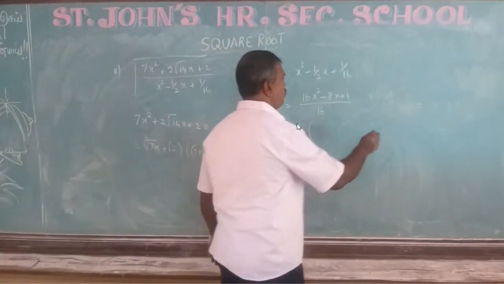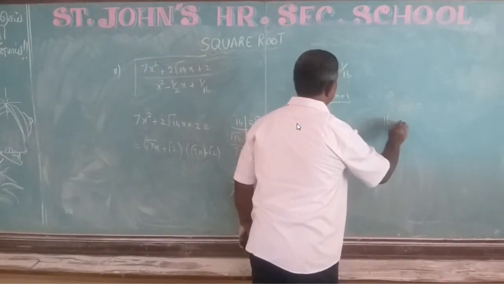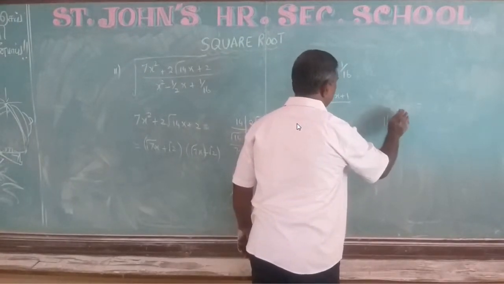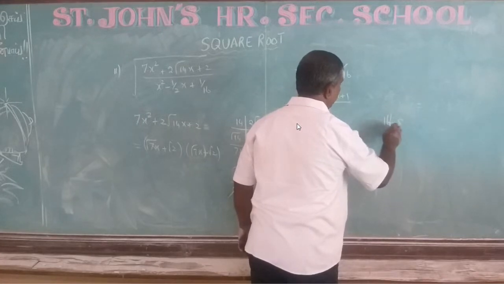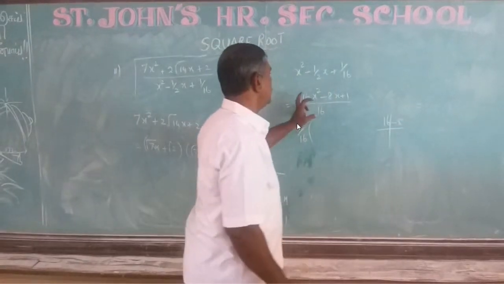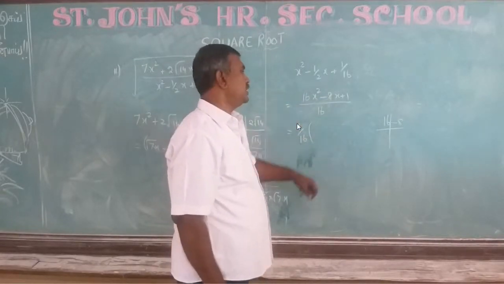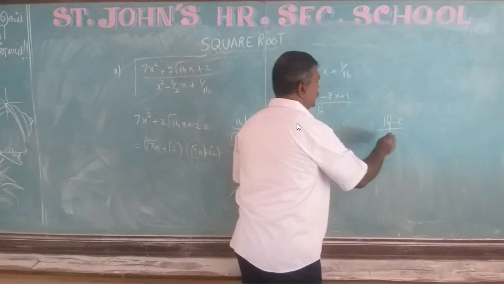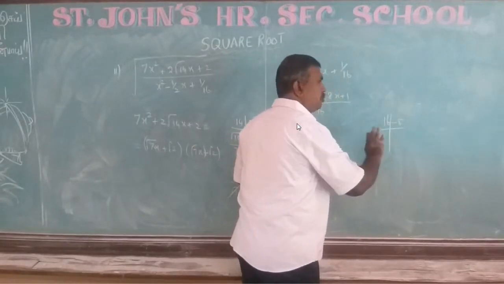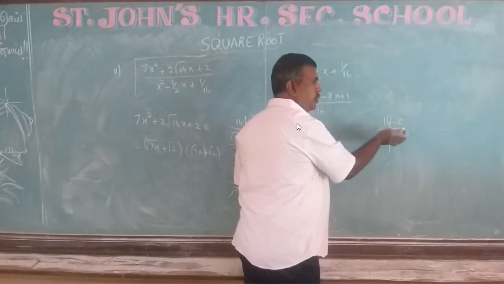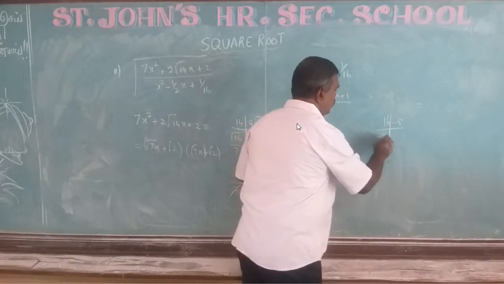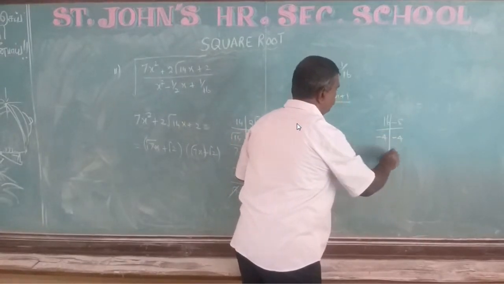16 minus 8. The product value is 16 into 1, 16. The sum value is minus 8. So we take two numbers whose sum is minus 8 and product is 16: minus 4, minus 4.